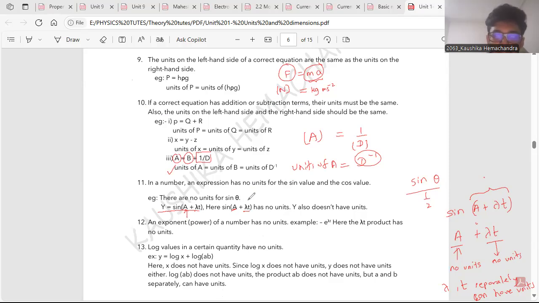So actually you don't need to know. But lambda is per second, the units of lambda. T is time in seconds. So seconds and per seconds get cut. Then lambda t has no units. Then obviously the y can't have any units because y is the sine value. You can write this if you want here on the side.